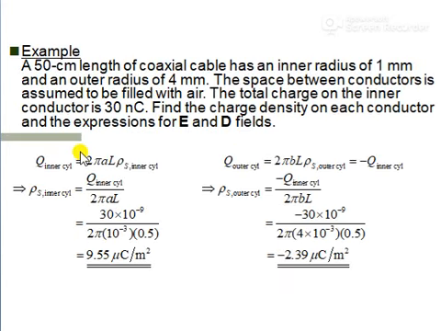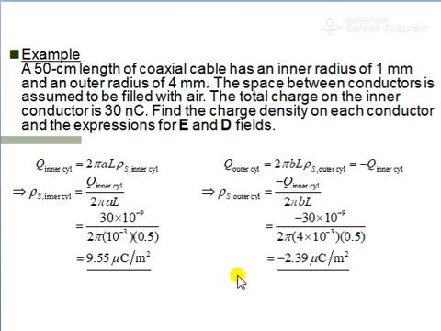So this is one of the problems on coaxial cable with certain data, and you need to remember these formulas for the coaxial cable: Q of the inner cylinder, Q of the outer cylinder, rho s of the inner cylinder, rho s of the outer cylinder. In this problem we got the values of the charge density on each conductor, that is rho s inner and rho s outer.